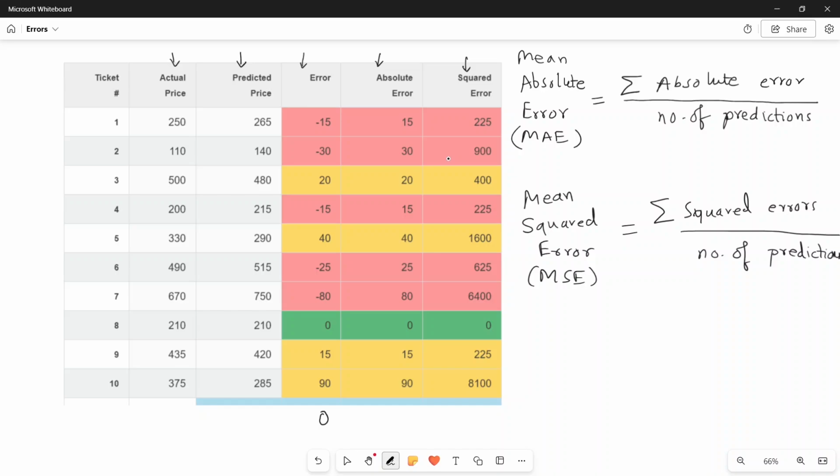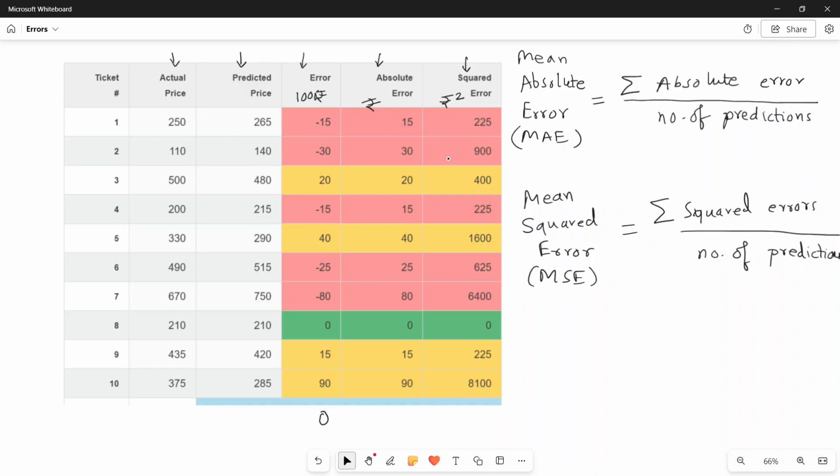Let's say this price is in 1000 rupees, so 265,000 or whatever, in hundreds or thousands. So basically it is in terms of rupees, but your squared error is in rupees squared. So the unit gets squared in this case, right?